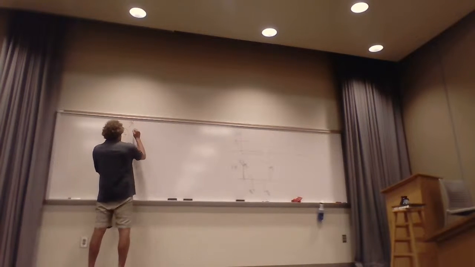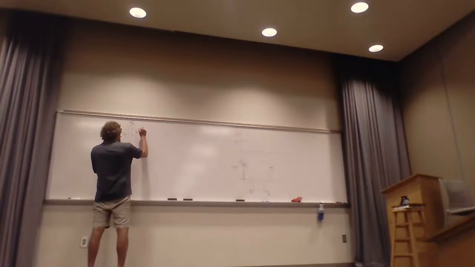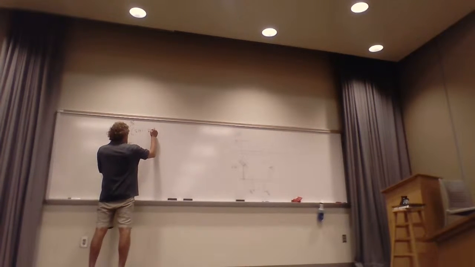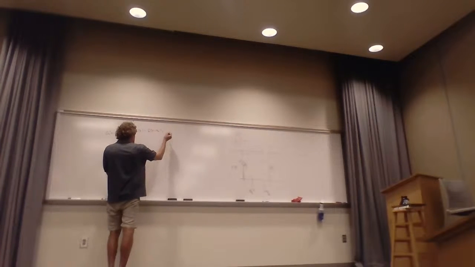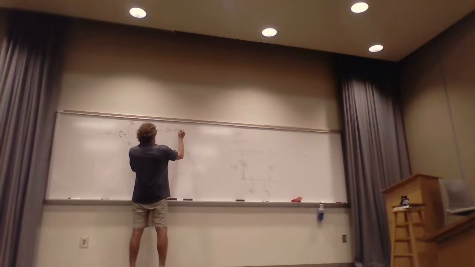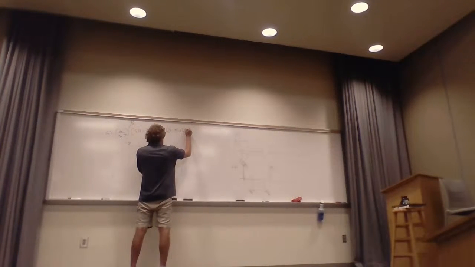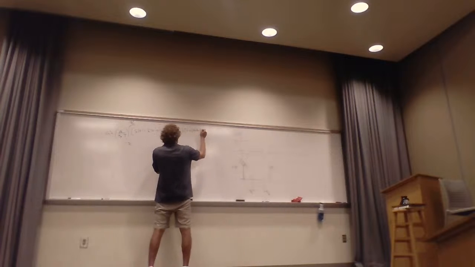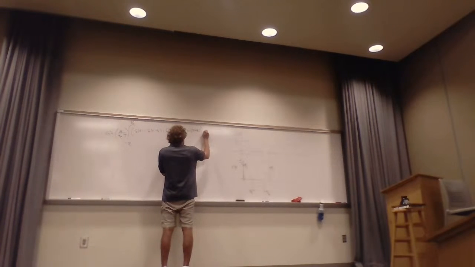So it's delta of t, then minus delta of t minus tau rise, and then minus delta of t minus tau, and then plus delta of t minus the quantity tau plus tau rise, times e to the j n omega naught t dt.